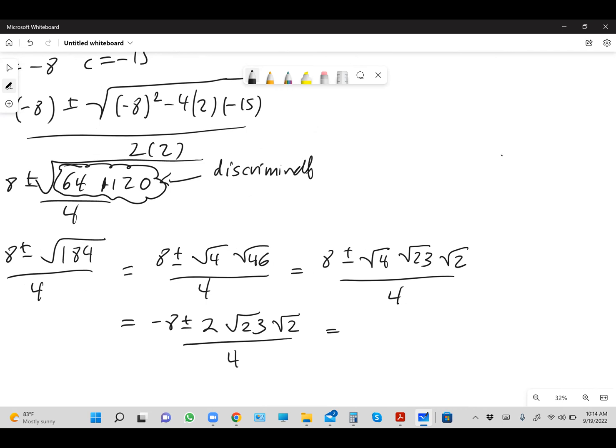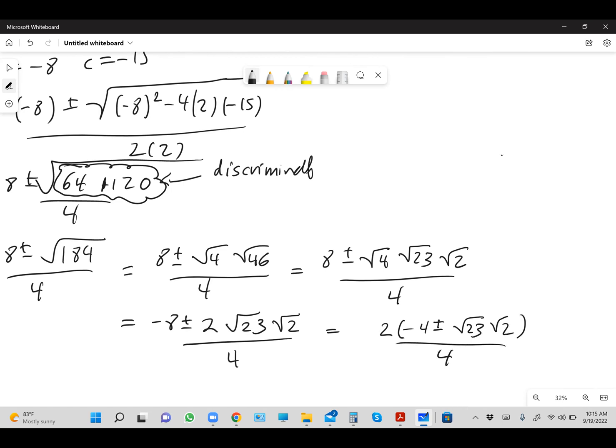I don't even want to factor it, but let me just put the 4 out here like that. Okay. You know what? Let me make it simpler. Up to you guys. I don't want to play around too much with the numbers. I'm gonna factor out a 2 times -4 plus or minus square root of 23 times the square root of 2.